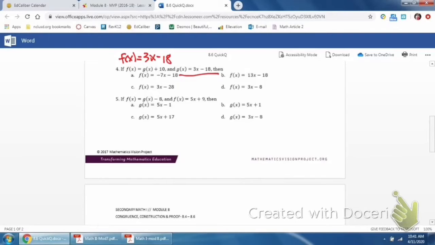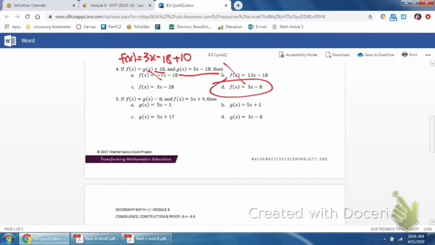Remember, that's what we plugged in. And then plus 10 at the end. So notice we can't add the 10 to the 3x, so there's going to be a 3x in it. So it's not going to be A, it's not going to be B. Okay, but negative 18 plus 10 comes out to negative 8. Okay, so number 4 should be D.